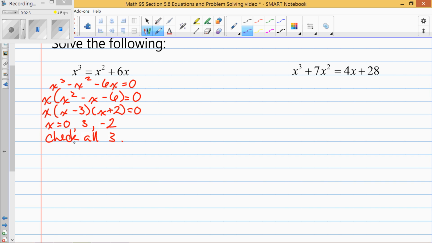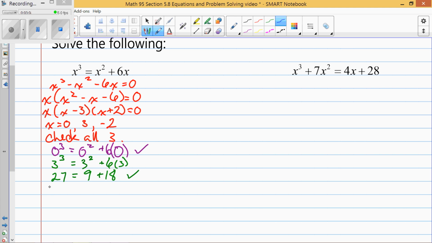So, I first want to try 0. 0 cubed should equal 0 squared plus 6 times 0. This whole thing equals 0, that works out. How about our 3? 3 to the third should equal 3 squared plus 6 times 3. 3 to the third is 27, should equal 9 plus 18, which it does.